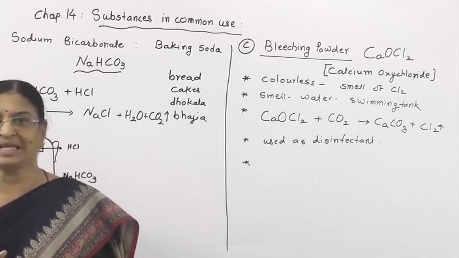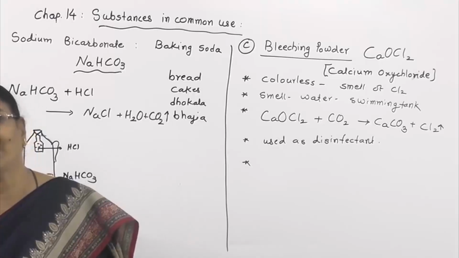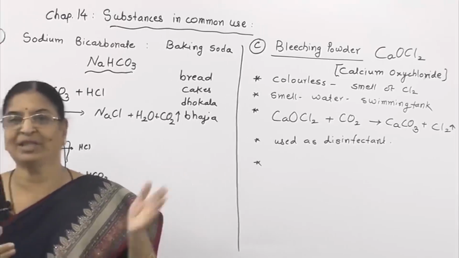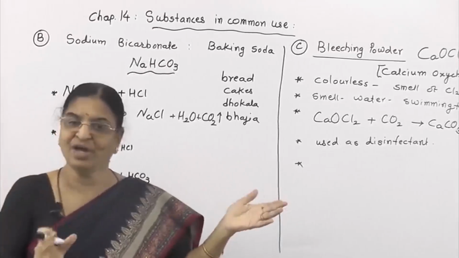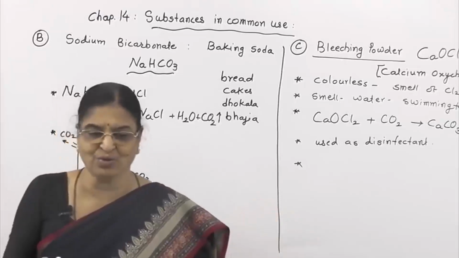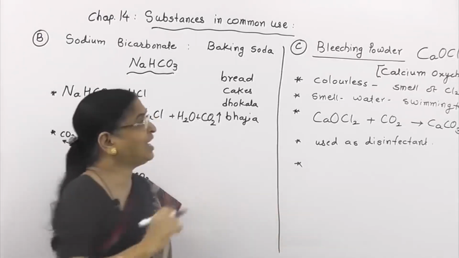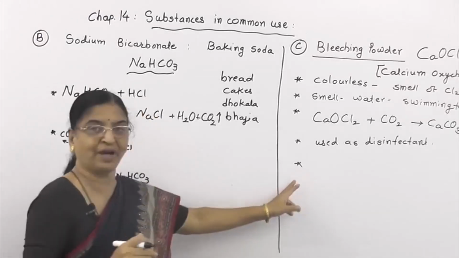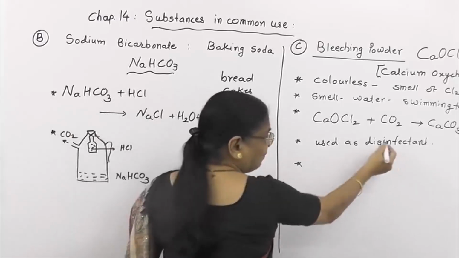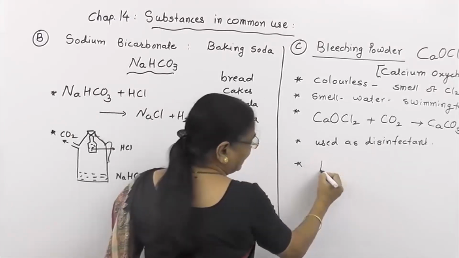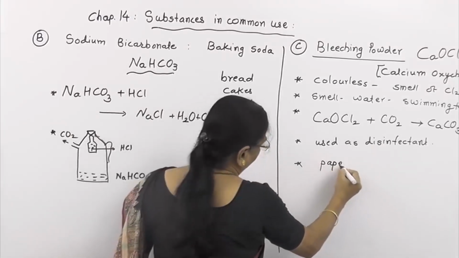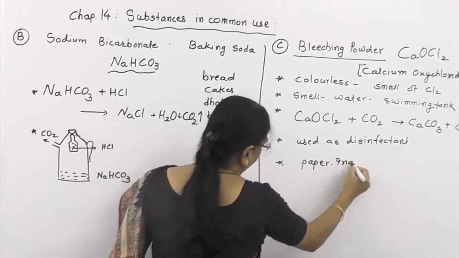In different laundries also, they do the bleaching of clothes and clean the clothes. So one more important use of it is as a disinfectant, and in the paper industries.